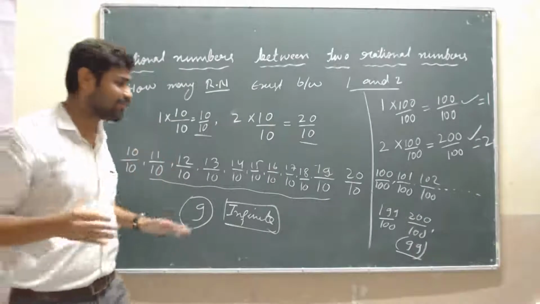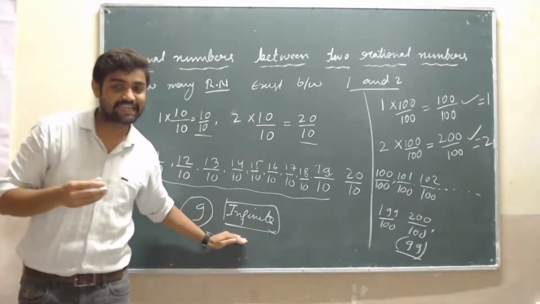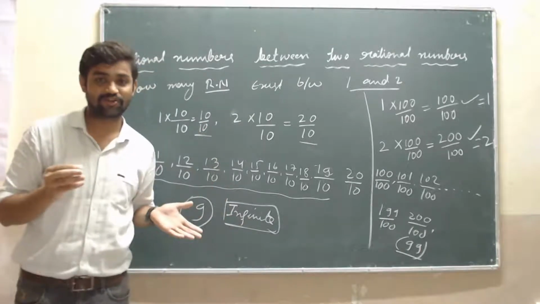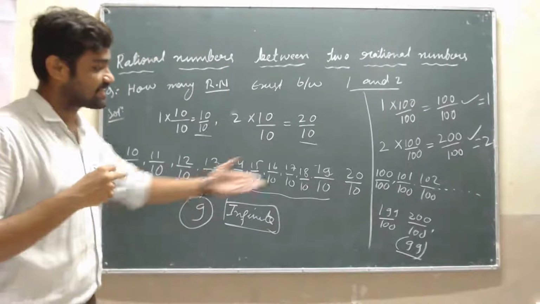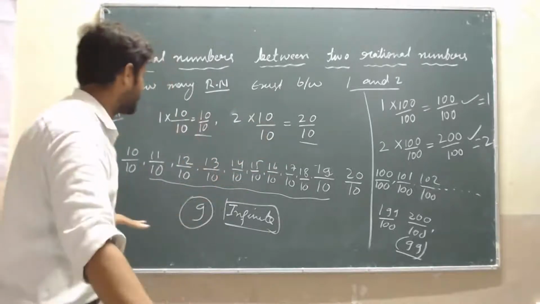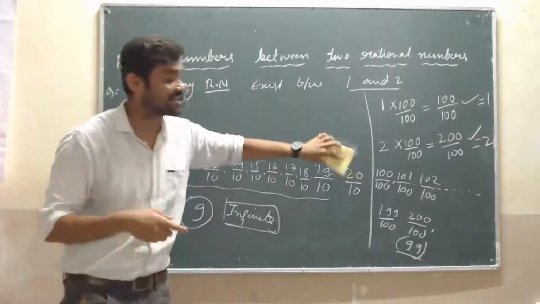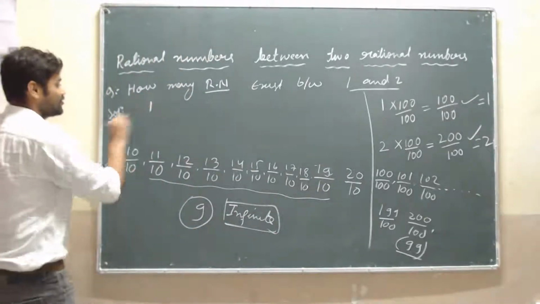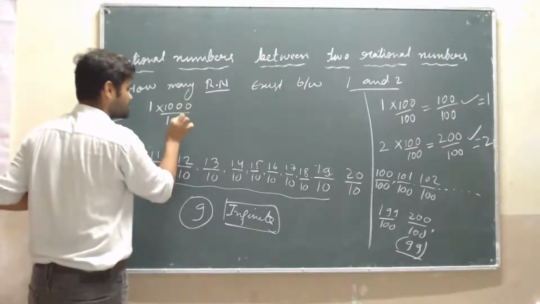No, sir. Still no. We have said that there are infinite rational numbers between any two rational numbers. So don't worry. Again, I will convert 1 and 2 by multiplying 1000 and dividing by 1000.